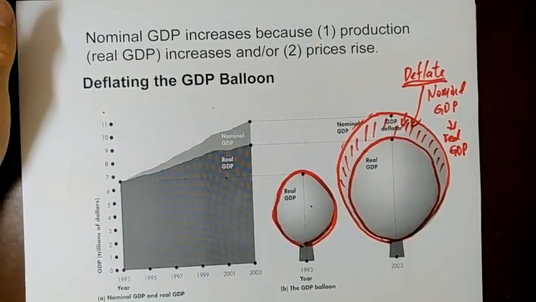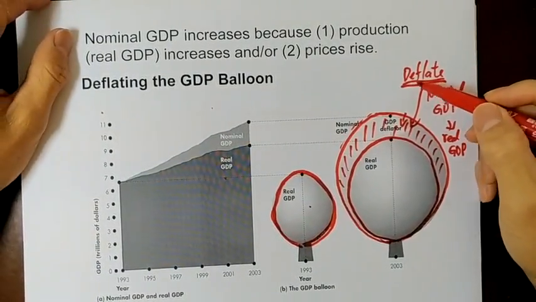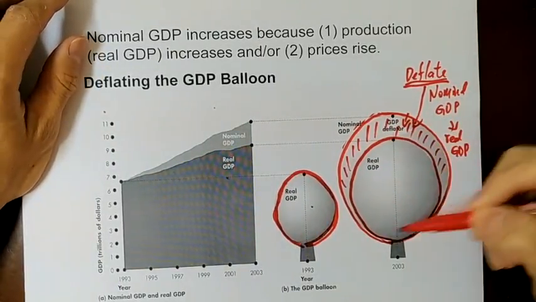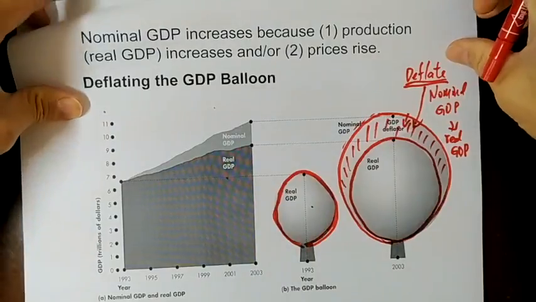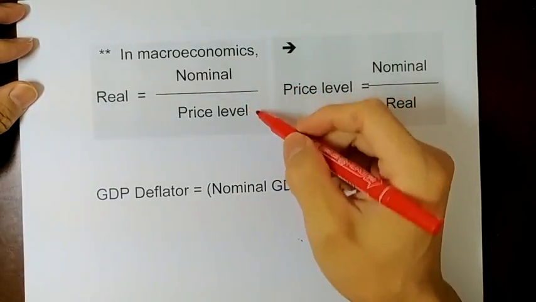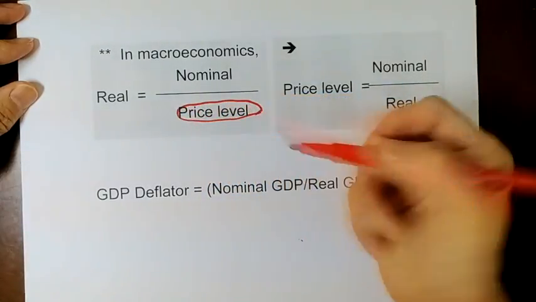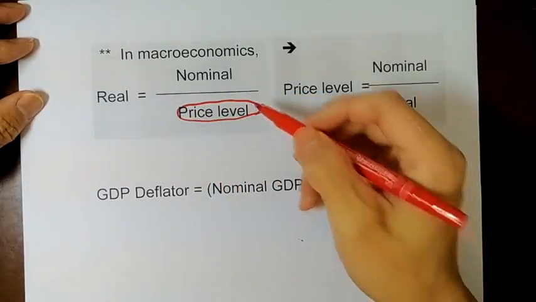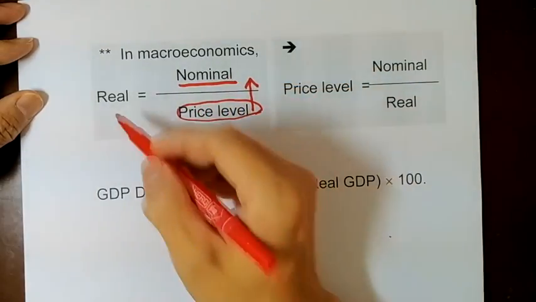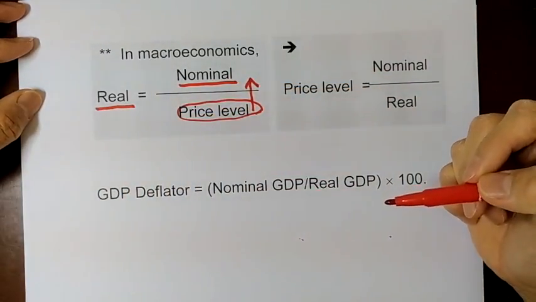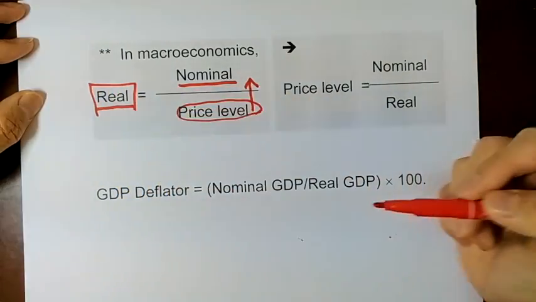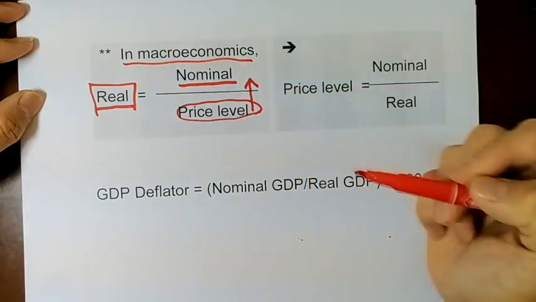Therefore, we use the GDP deflator, a measure of the price level, to deflate the nominal GDP to get the real GDP.